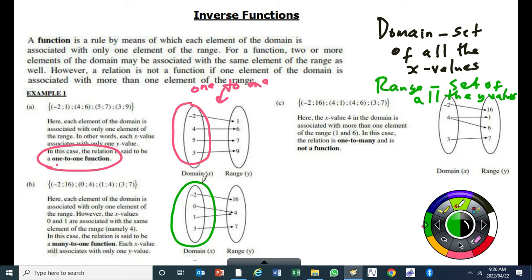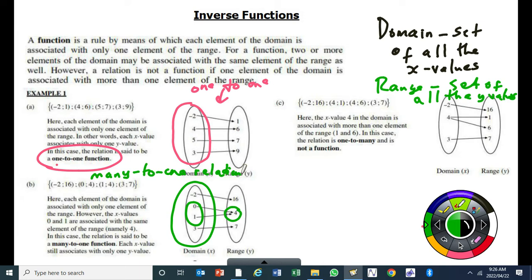Like in this case here, we have got one output there, but there are two input values there. Such a relationship is called a many-to-one function or a many-to-one relation. There are two input values giving us the same output.